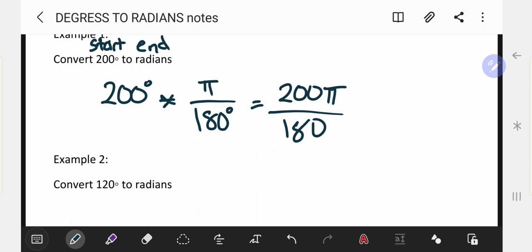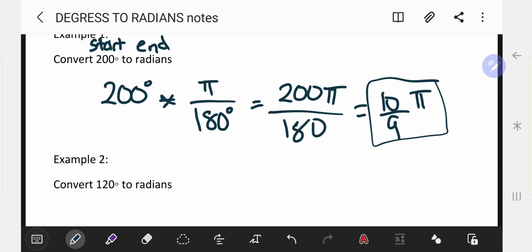So if I simplify that into a smaller fraction, that actually is going to become 10 over 9 pi. So 200 degrees equals 10 over 9 pi, or 10 pi over 9. Okay, that's how we're going to convert from degrees to radians.